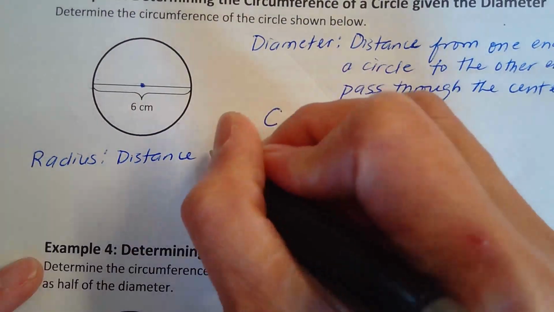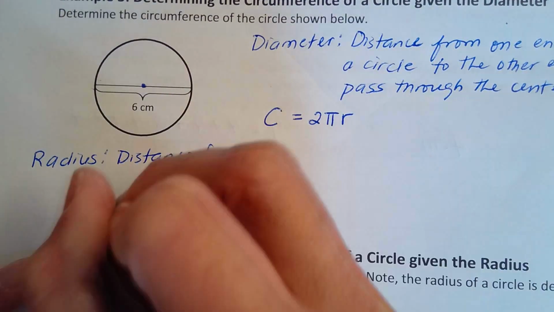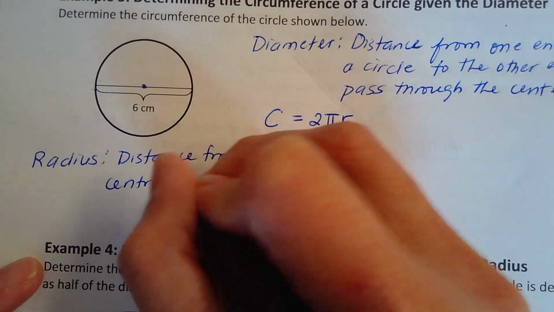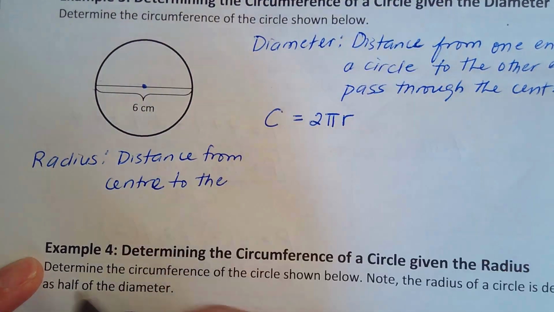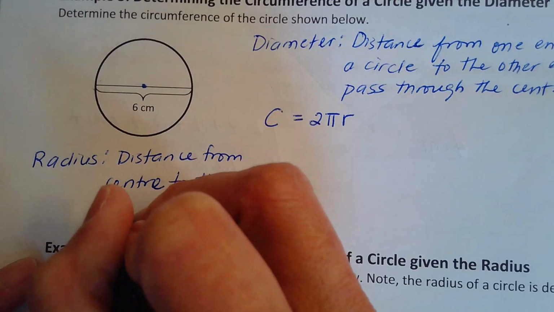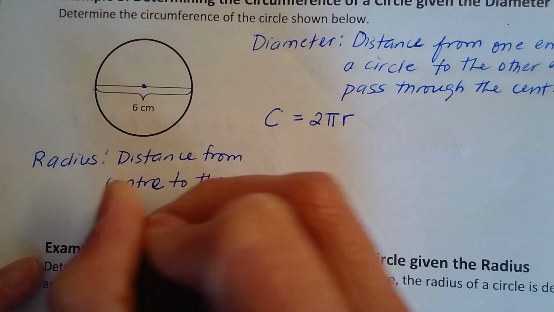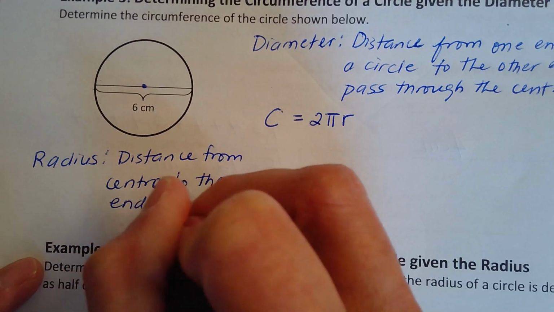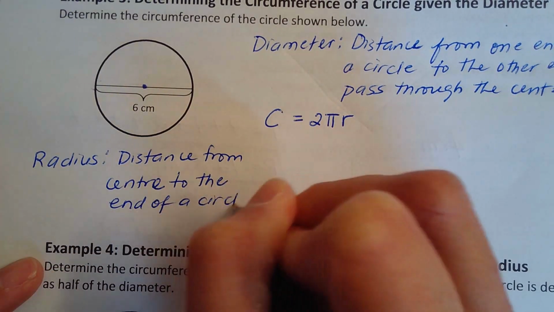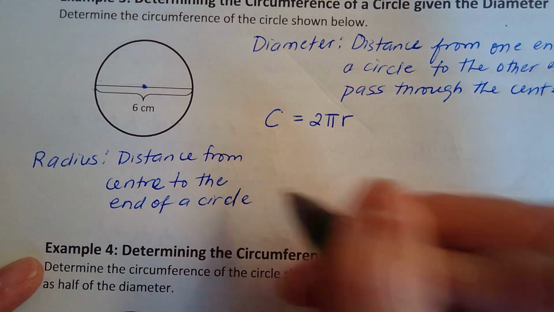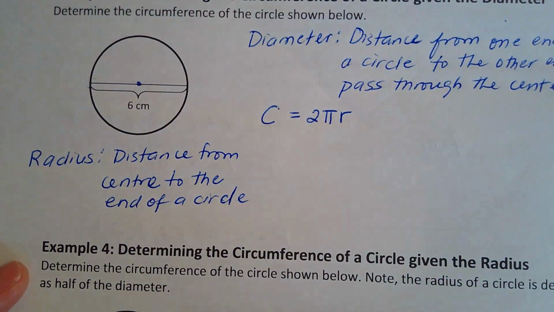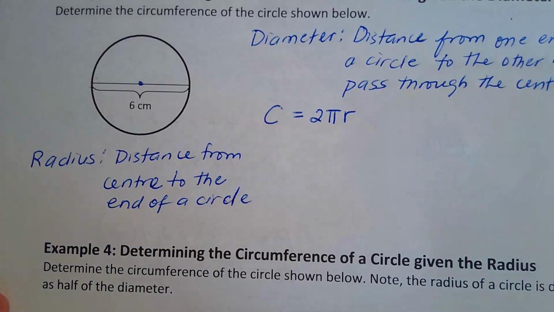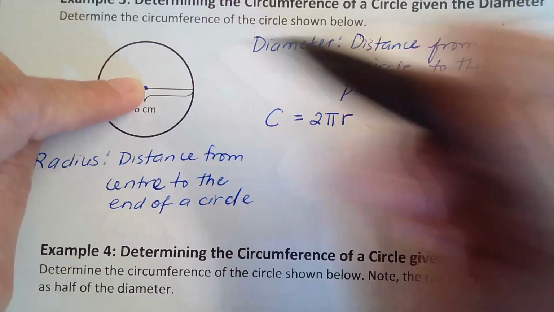So the radius is the distance from the center to the perimeter, the end of the circle. So from the center to the actual edge of the circle, right there.